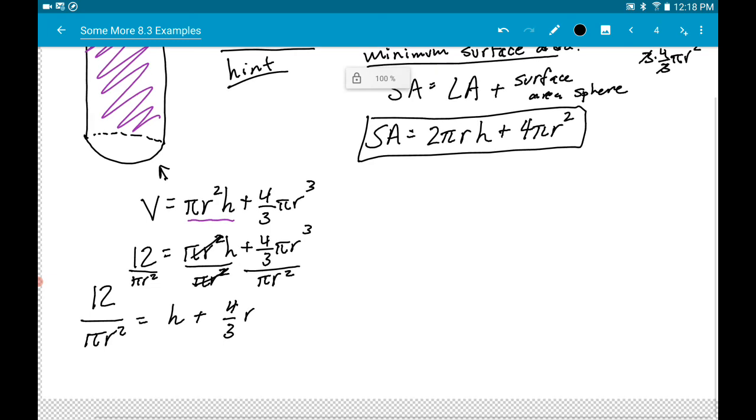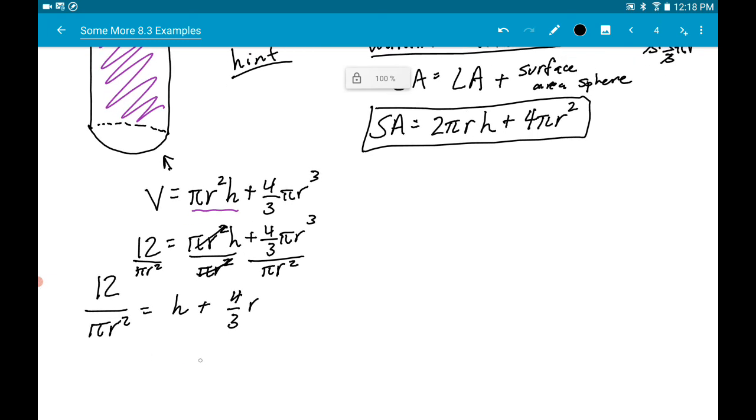So much pressure being on camera. I think that's good. And then I can say, it's kind of messy, that h is equal to 12 over pi r squared minus 4/3 r.